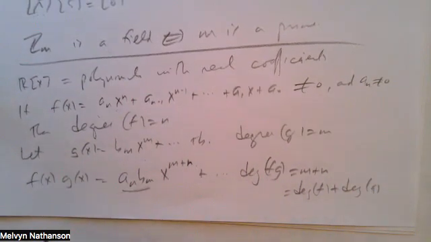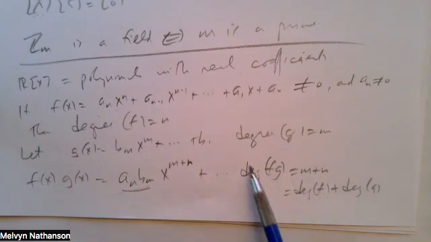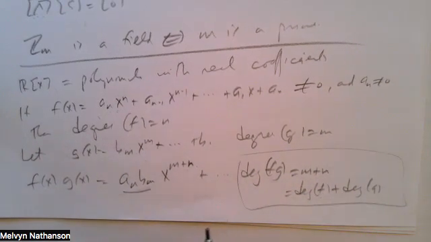So if you multiply two non-zero polynomials, you get addition of degrees. The degree of the product is the sum of the degrees. All right? So that's a very basic, simple, but important fact about polynomial multiplication.